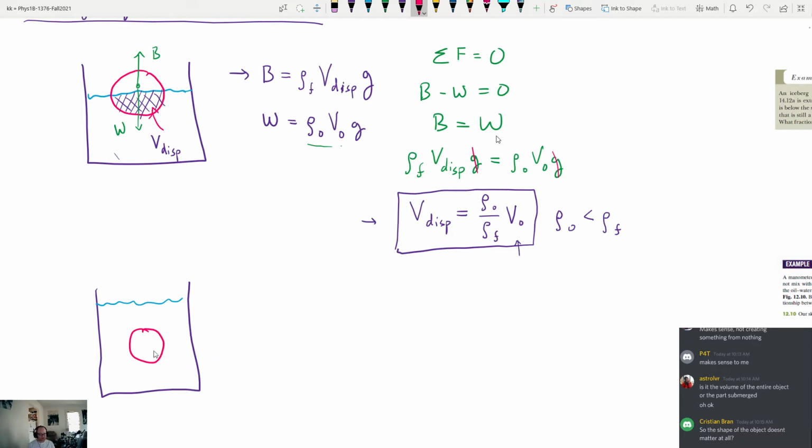Okay, so I have some object, and I push it underneath the water and I'm going to let it go. So, an object with unknown density, rho O, that's the density of the object.